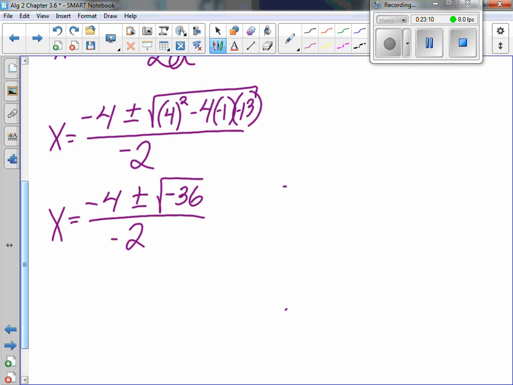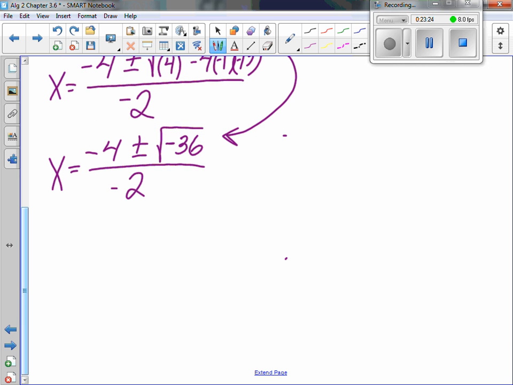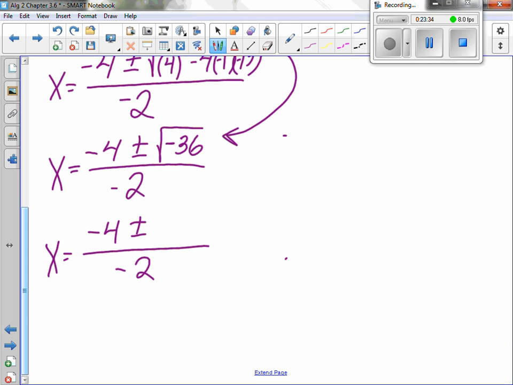They just won't do it. This is part of the reason why I simplify what's inside of the radical first, just in case it comes out to be negative, because the yellow calculators will do this if we manipulate it a little bit. What do I know about the negative inside of a square root?